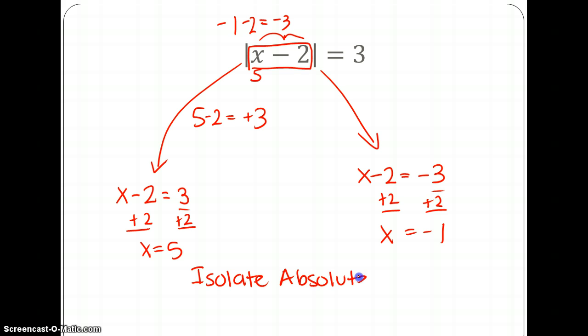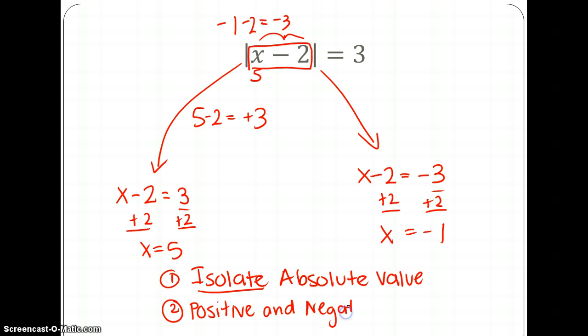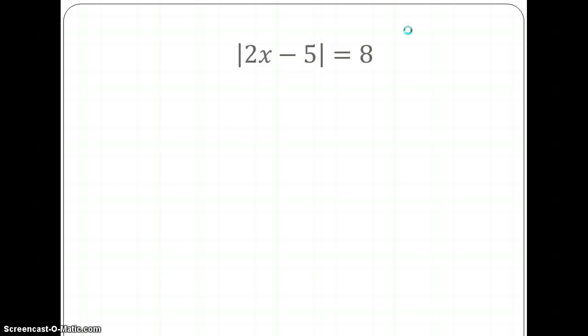Not every question is going to require that, but if we isolate the absolute value and then take the positive and negative values of your equation, that's going to give us what values of x we could possibly use. So absolute value of 3 works for 3 or negative 3, and that's what you want to think about when you come to absolute values.